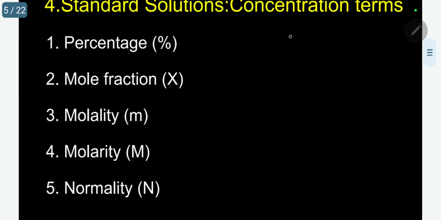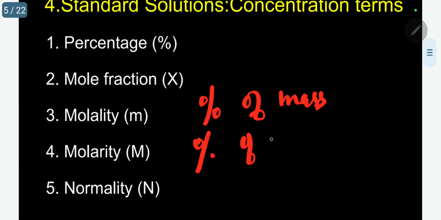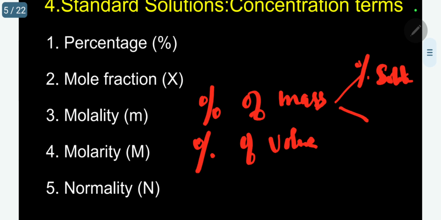Percentage, first let me take now. The percentage of mass, percentage of volume. So mass may again be two types: the percentage of the solute and the percentage of solvent.